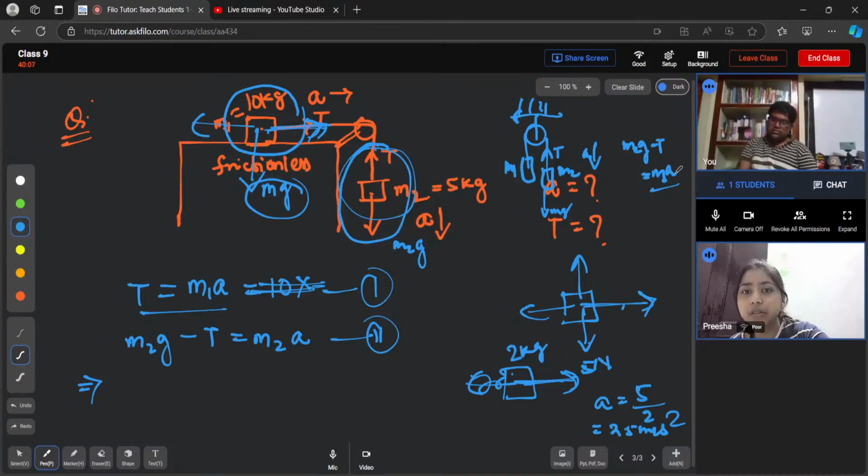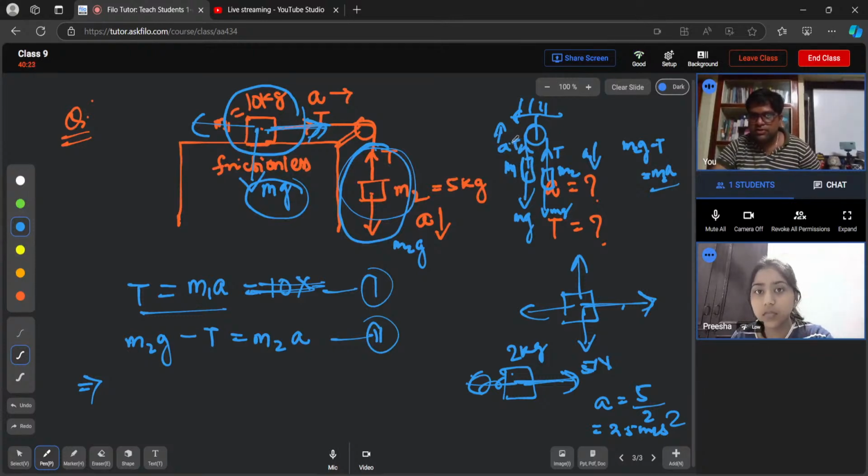For M1, which is moving upward, tension is pulling it up and mg downward, so the net force is T minus M1g equal to M1A.